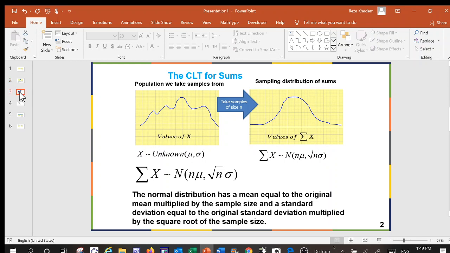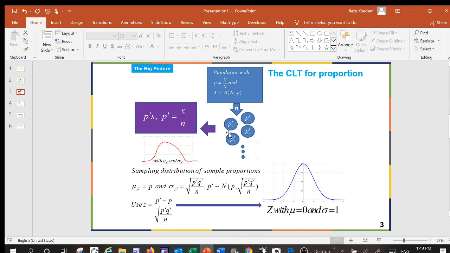Also, we could take samples, and instead of calculating the mean or the sum, we can calculate the proportion. Let's say you're interested in knowing the proportion of students in San Jacinto College or any other college who believe that we should tax the rich much more.